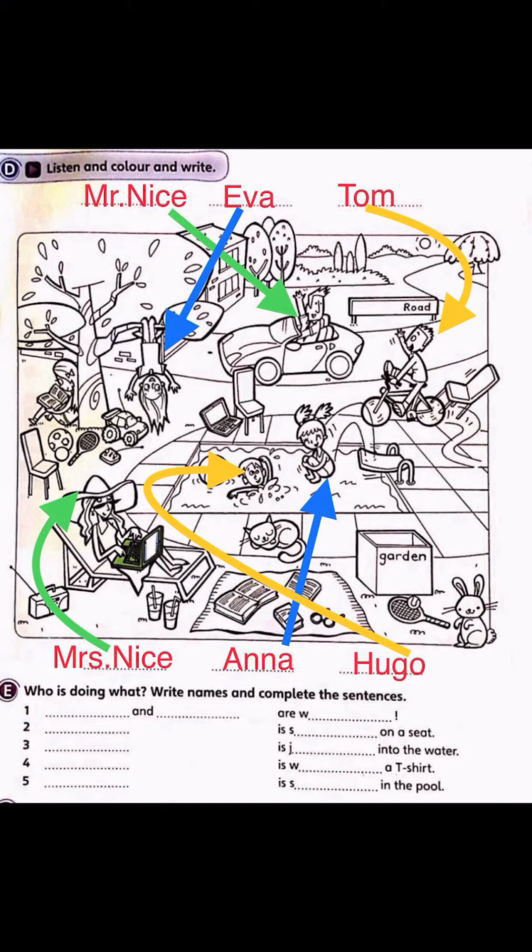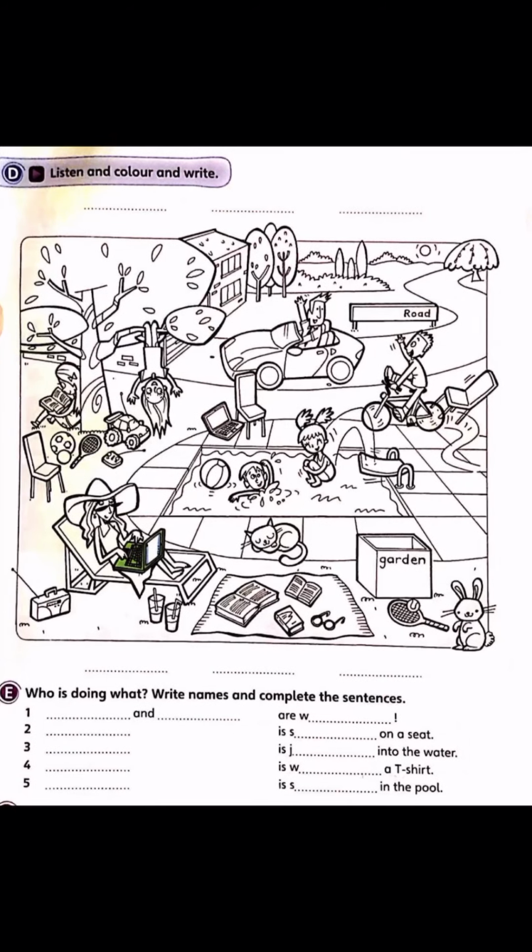That was the results of the last exercise, the first part. After writing the names. Now, let me ask you. Can you see the father and the boy on the bike? Yes?